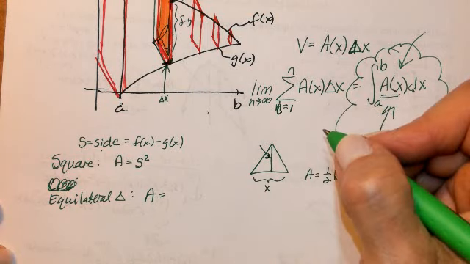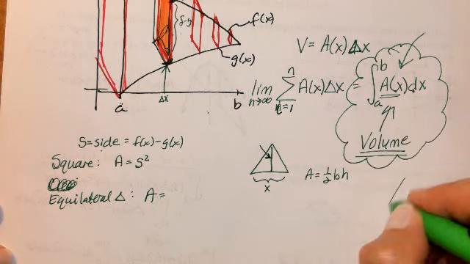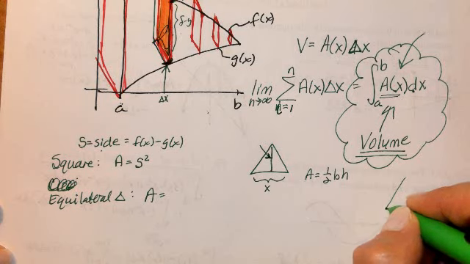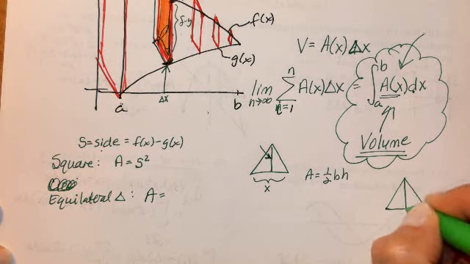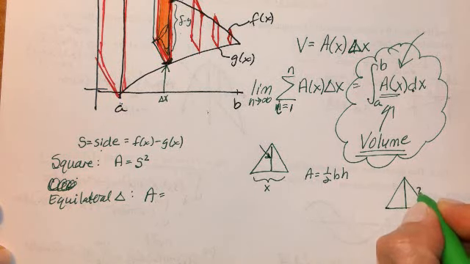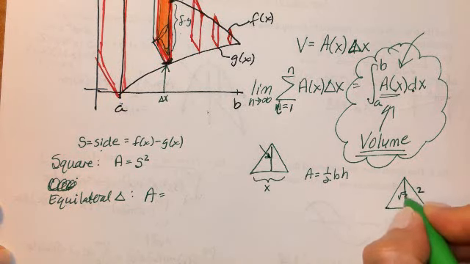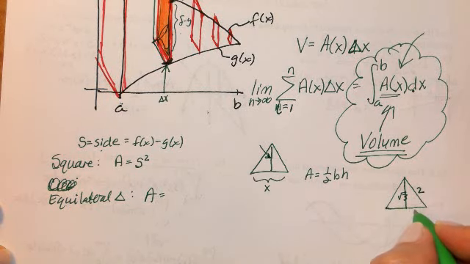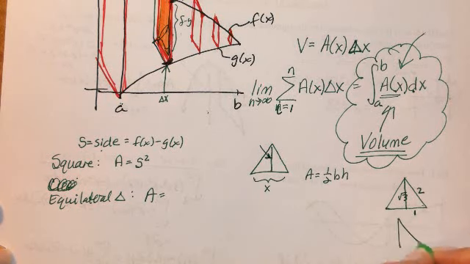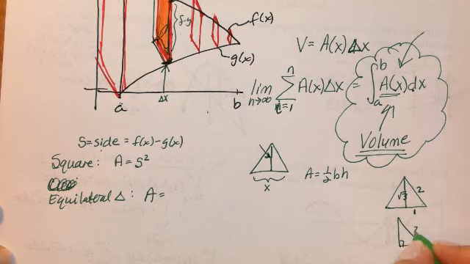In an equilateral triangle, remember, if this piece is 1, then the hypotenuse is 2, and in a 30, 60, 90 triangle, the ratio is 1 to square root of 3, right?